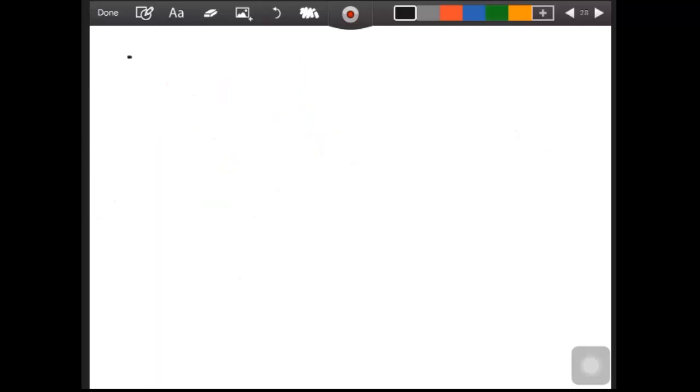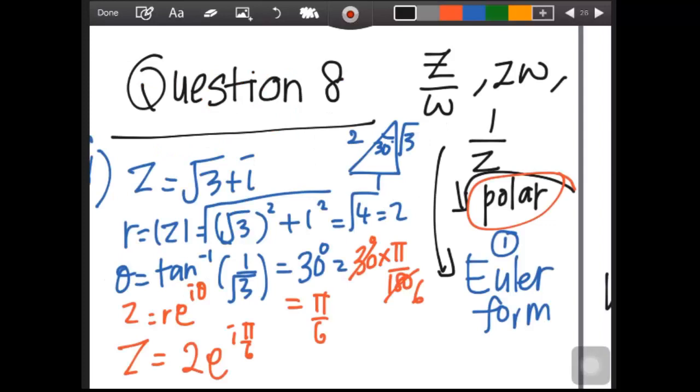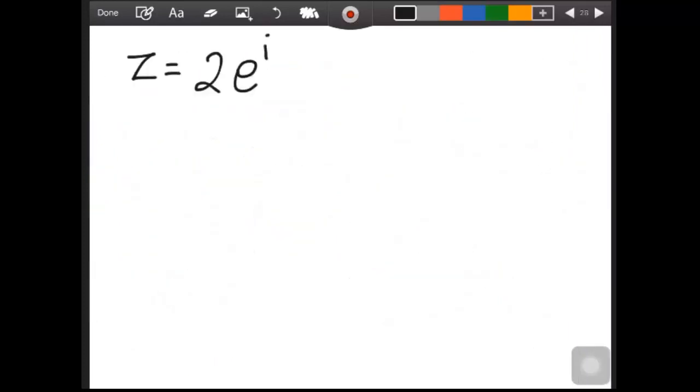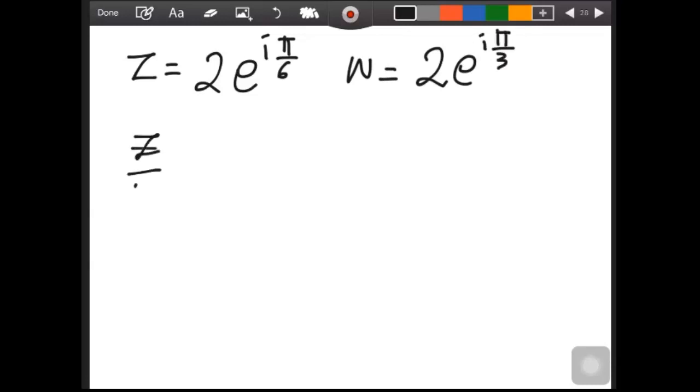So now Z tadi, kita ambil balik. Z apa? 2 exponential I pi over 6. And then W adalah 2 exponential I pi over 3. Okay, now kita nak dapat Z over W. Okay, Z over W maksudnya division kan.